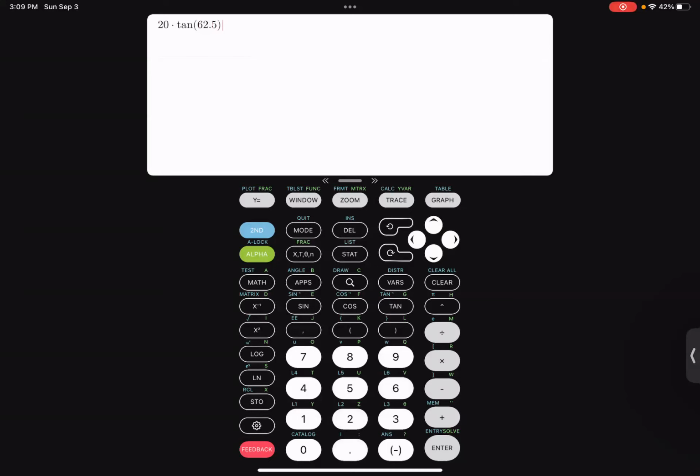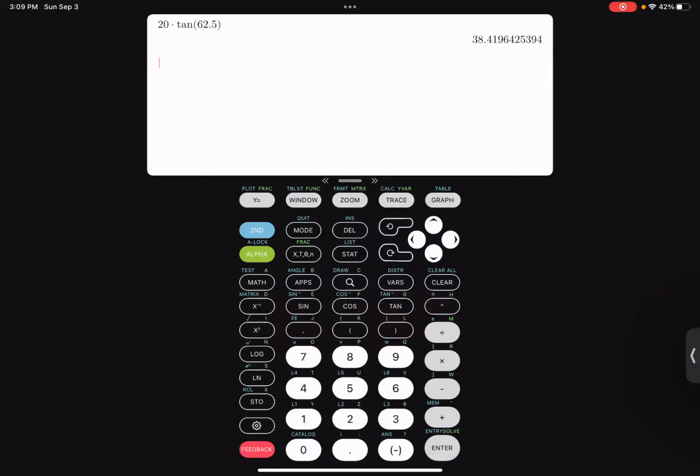This is degree mode, so I don't need to put the degree symbol. If you want to put the degree symbol, you remember that we click second, APPS, that's a 1, and hit enter. Now let's quit second mode and then hit enter.